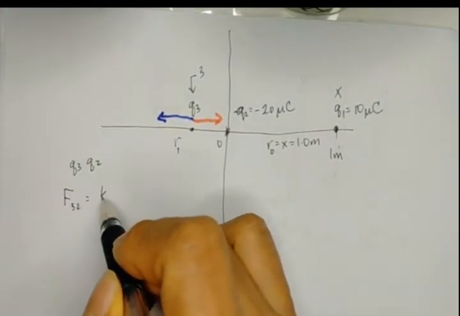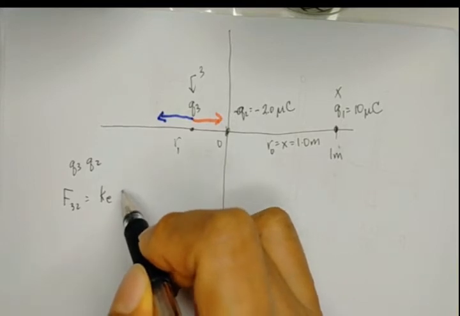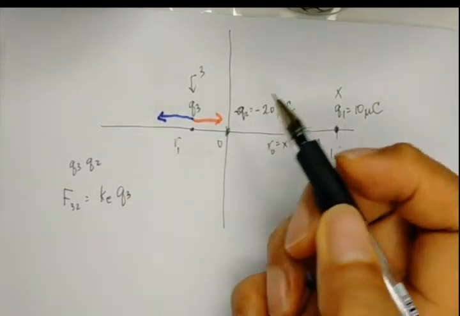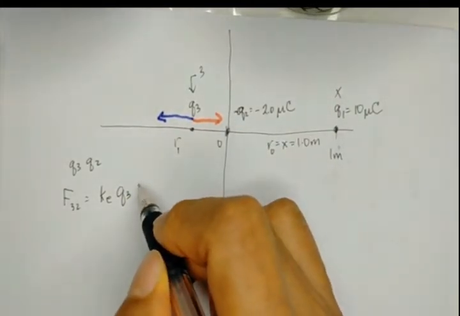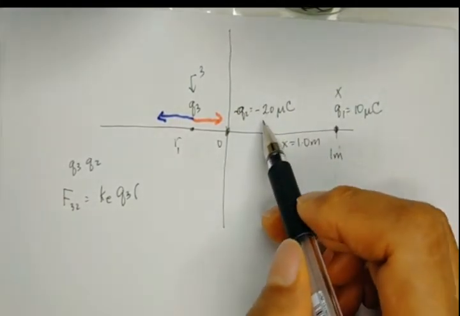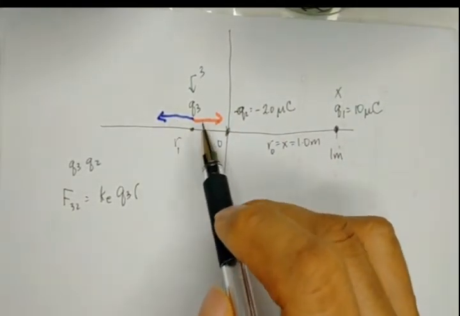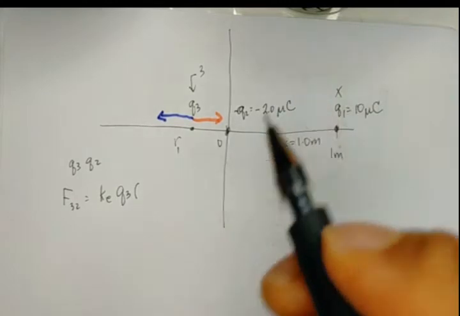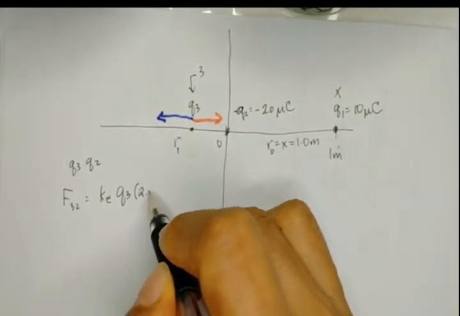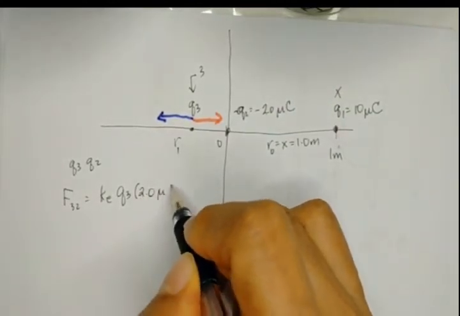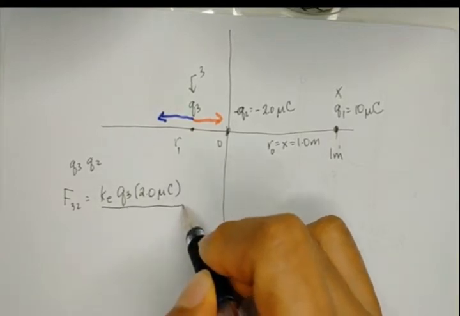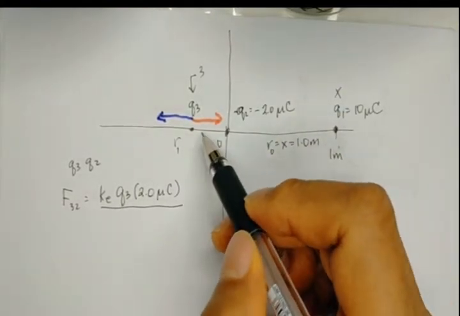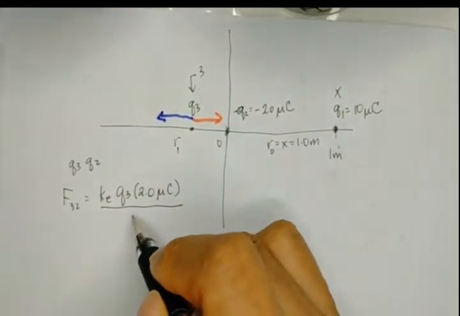F32 is equal to K sub E, Q3, which we don't know, times Q2, which is, hindi na natin specify negative 2 kasi nga specify na natin direction ahead. So therefore, the negative 2, we just assign yung absolute value niya, 2 microcoulomb. Divided by yung distance na to. We call that R1.